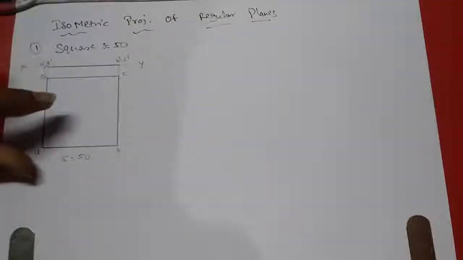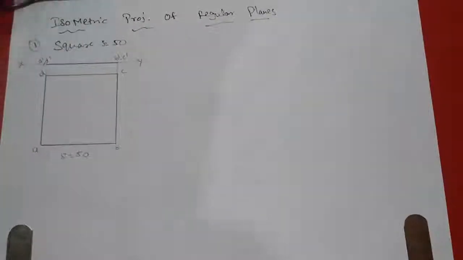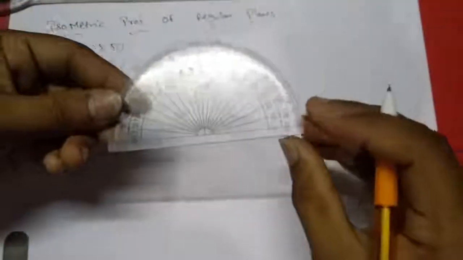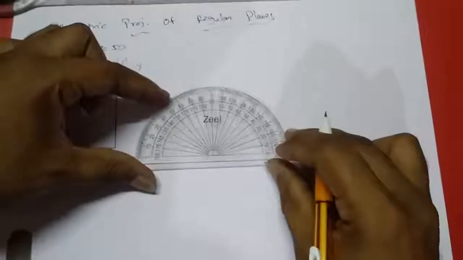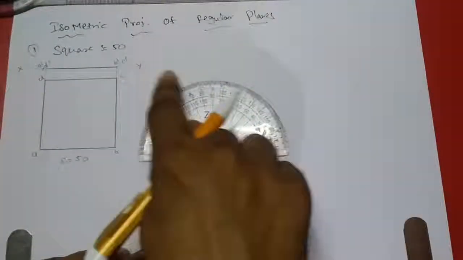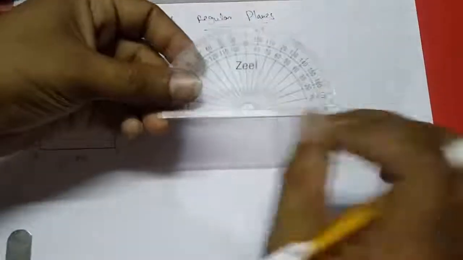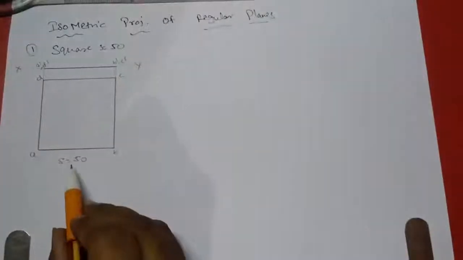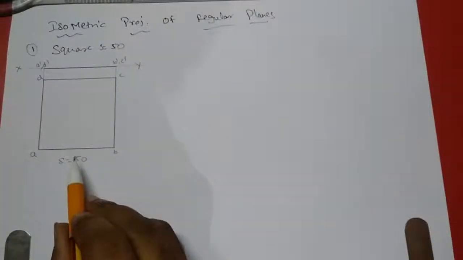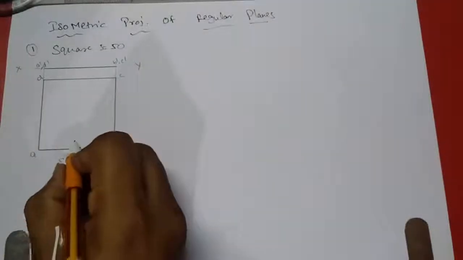Suppose, assume this protractor is a square plane that is lying on the HP, with the front view falling on XY. I have to draw this in isometric view. As we know, in the top view, this is length, length, length, length, and this is width.